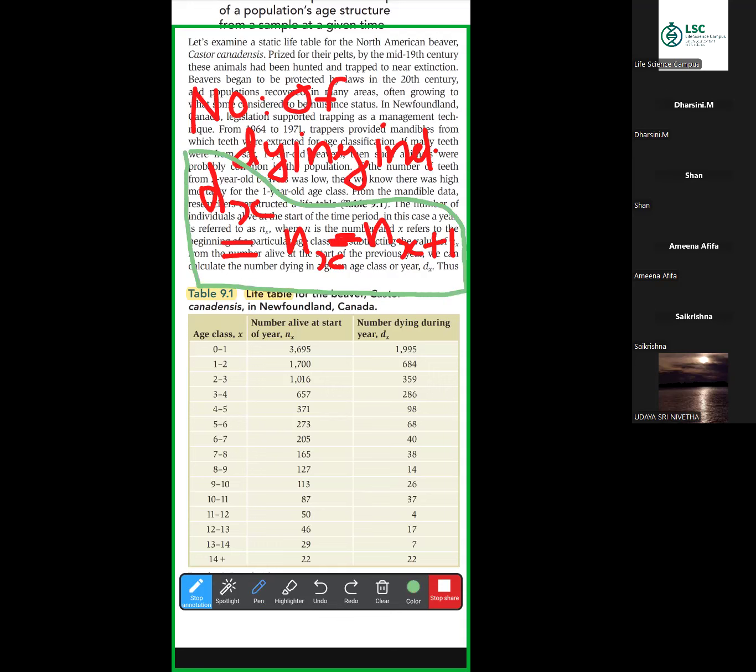This nx means number of individuals alive at the start of the year, or start of the population. And nx plus 1 means number of individuals alive in the succeeding age class.